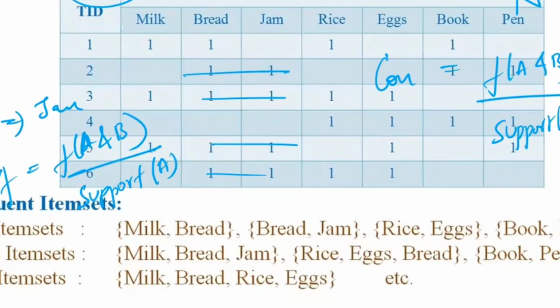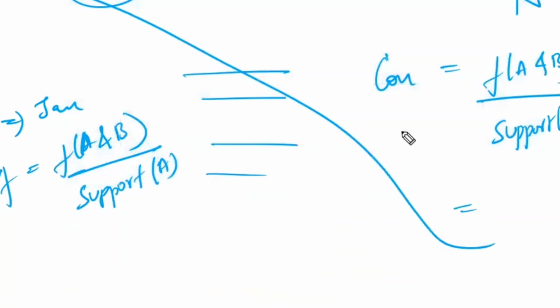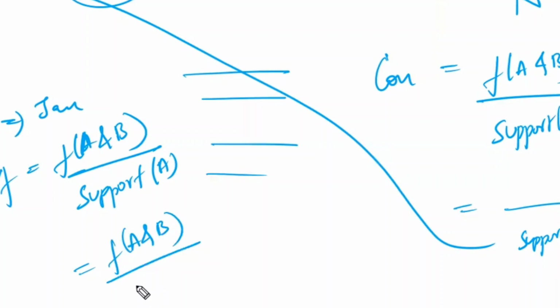Earlier the support was jam. Here you are checking with respect to support of bread. Frequency of A and B divided by support of bread. Bread is your A. That is the reason the confidence is changing.